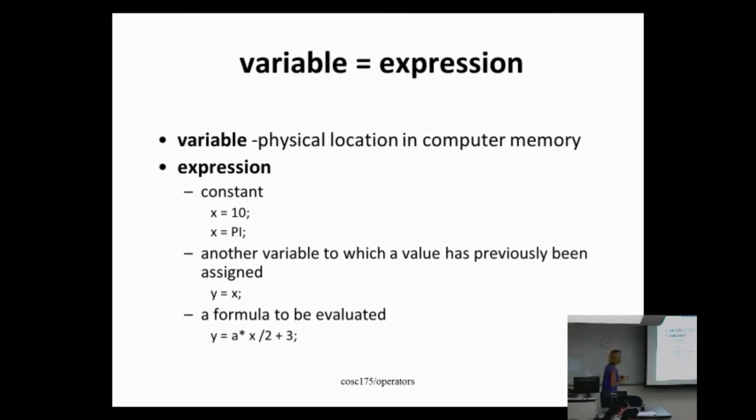If I declare a variable such as int x, we know that what happens? Space is allocated in memory for x. Okay? If I now say x equals 3, and we always follow that with a semicolon, what is this operator right here?